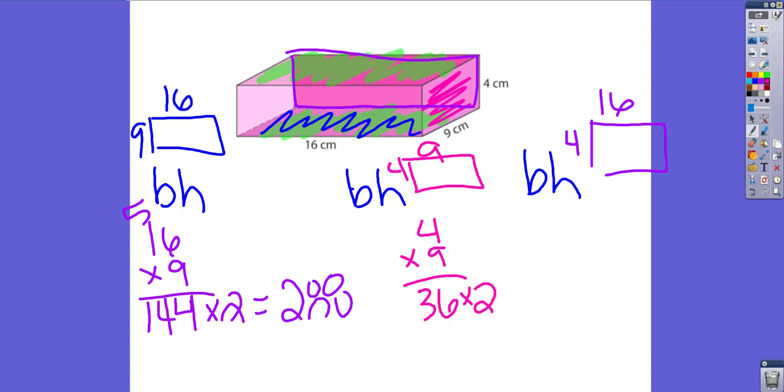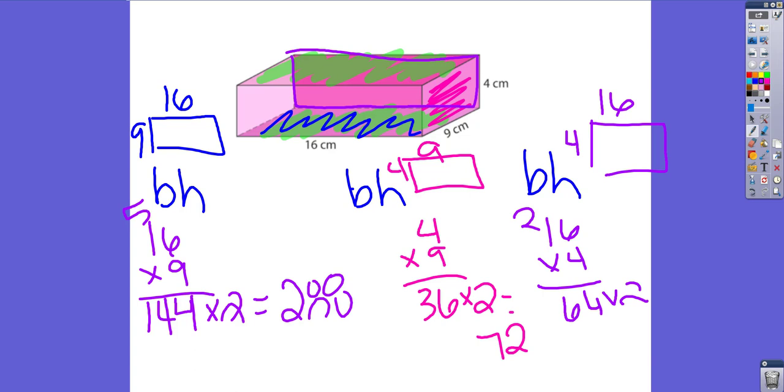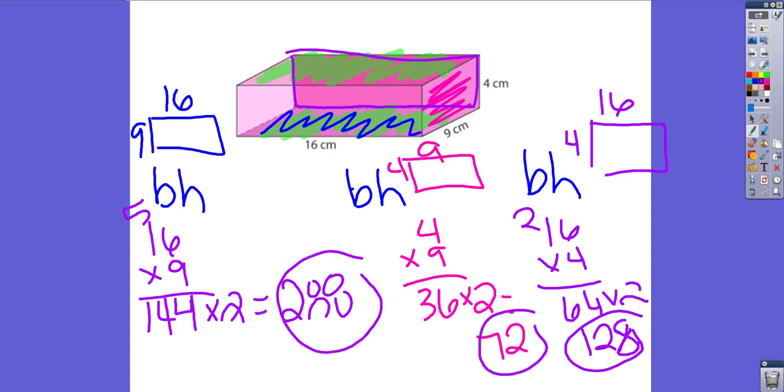And I have two sides of those, so I would count those twice. And then same over here. And I would count that twice. Alrighty, I've gotten all of my areas.